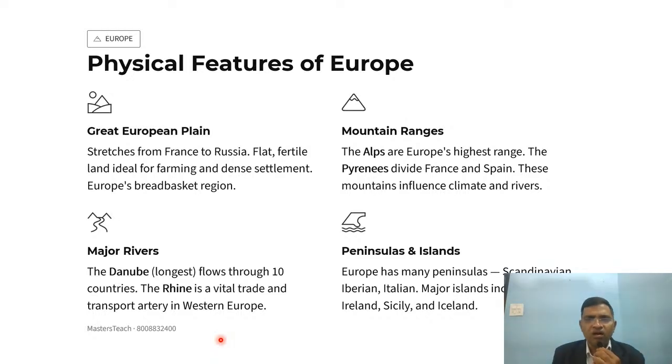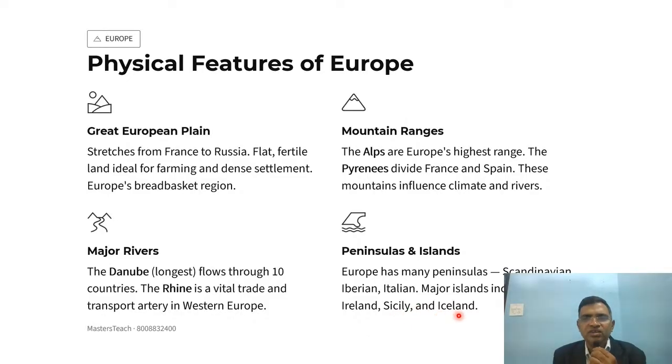Then Europe has peninsulas and islands. Europe has many peninsulas like Scandinavian, Balkan, and Italian. Major islands include Britain, Ireland, Sicily, and Iceland.